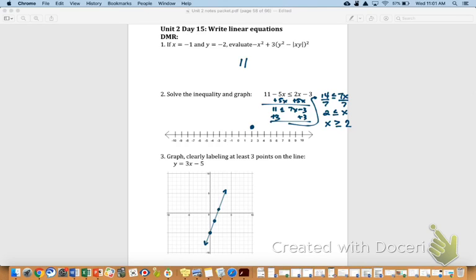So if I want to say it the standard way, I would say x is greater than or equal to 2. That tells me I should draw my arrow to the right. Now if I tried some of the numbers off to the right, like 7, and plug it in, 7 is greater than or equal to 2. True. 5 is greater than or equal to 2. True. So all those numbers do make it true. I think it all comes back to, are you going to say it the weird way or the normal way? So, great question.